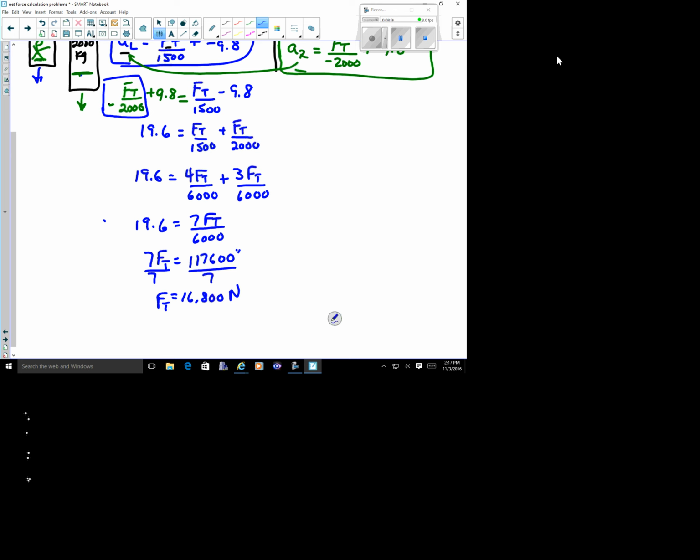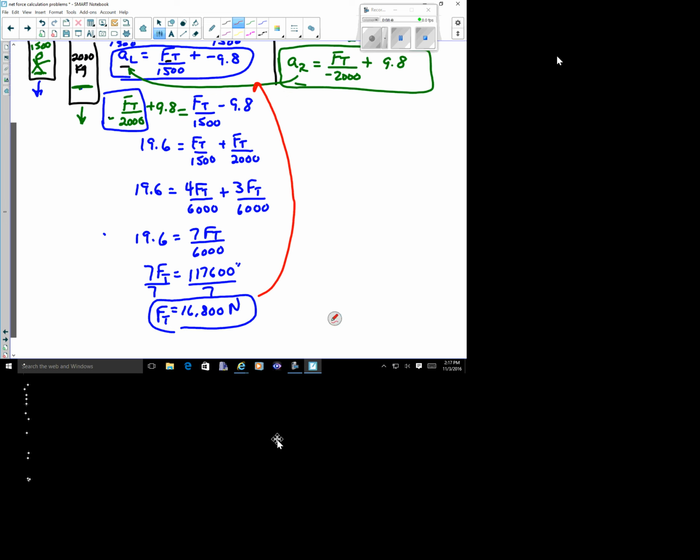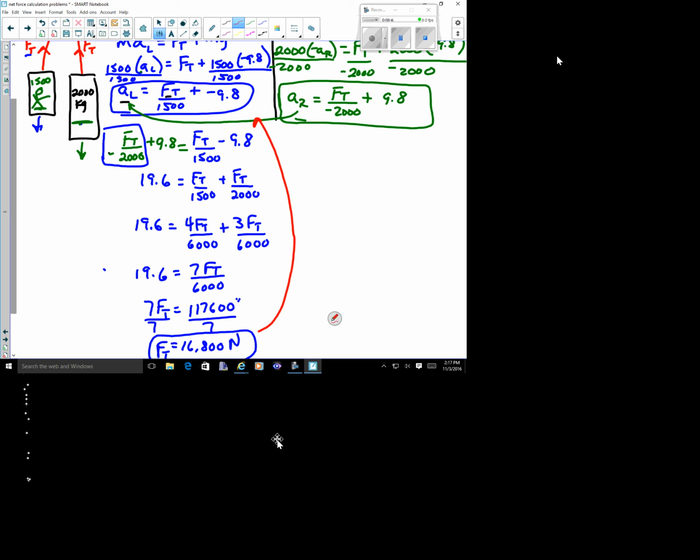Well, now what you have to do, now that you know this, I'm simply going to plug that back in way up here. So if I shrink that down a little bit, you'll be able to see what I'm doing here. And so let's plug that answer in up here. So the acceleration on the left-hand side is going to be equal to Ft divided by 1,500 plus a negative 9.8.